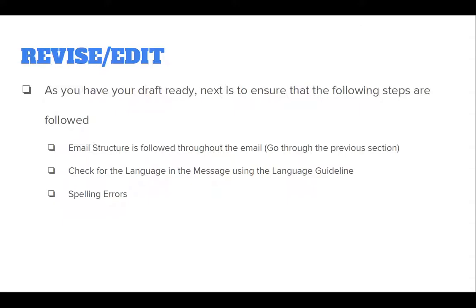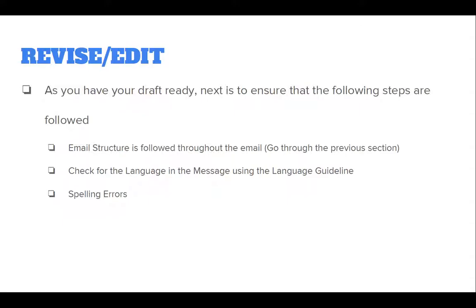The first thing is that the email structure is followed throughout the mail. In the previous section, I gave you a skeleton framework of email structure, so just follow that and check whether the email structure is being followed. That is very important. Next thing is check the language in the message. You can go through the previous section where we covered the language guidelines.